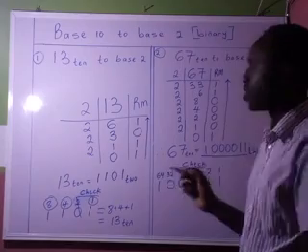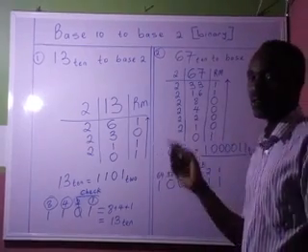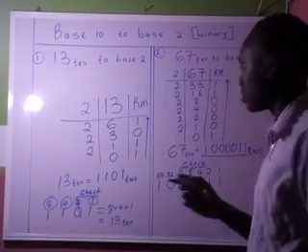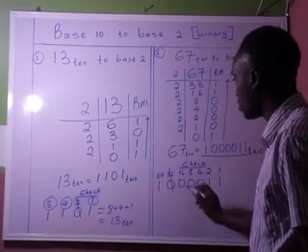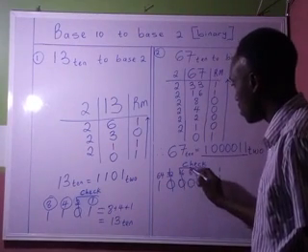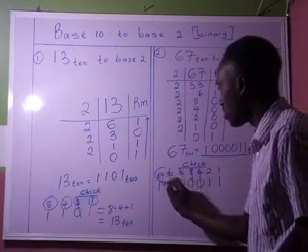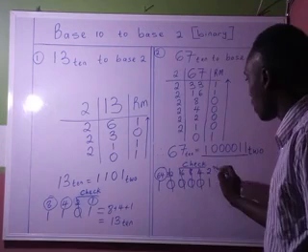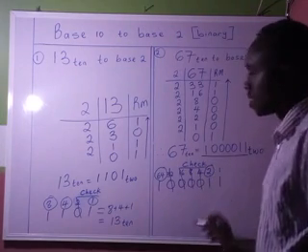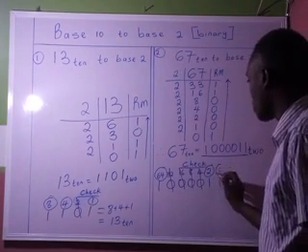And don't forget, all the numbers standing on 0 will be crossed out, it will be cancelled. So 32 is gone, 16 is gone, 8 is gone, and 4 is gone. So we are left with 64 standing on 1. We are left with 2, and we are left with 1.